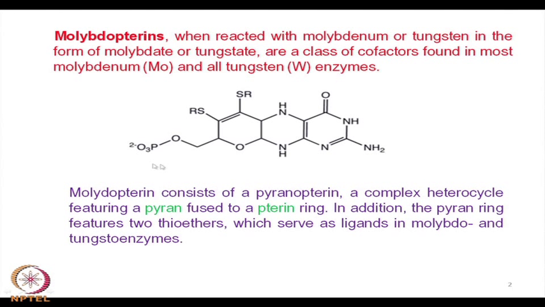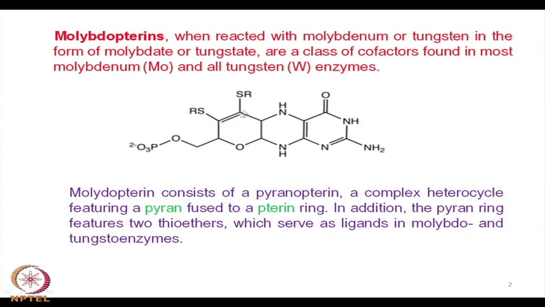This is what we call molybdopterin, and it is basically one such cofactor. When we see the entire molecule, we always try to find which groups are present that can bind to the molybdenum center. So these are the two sulfurs.